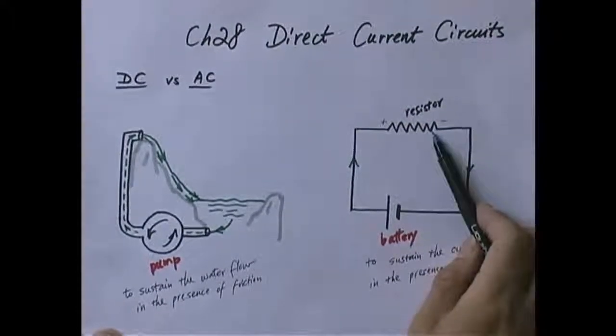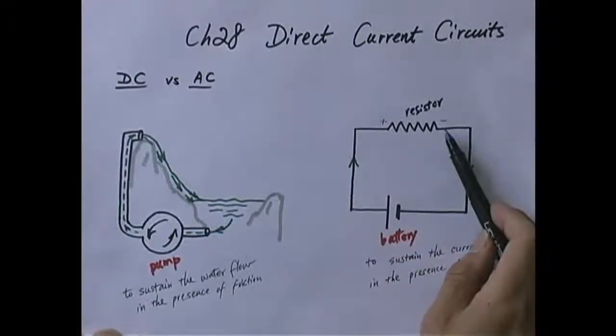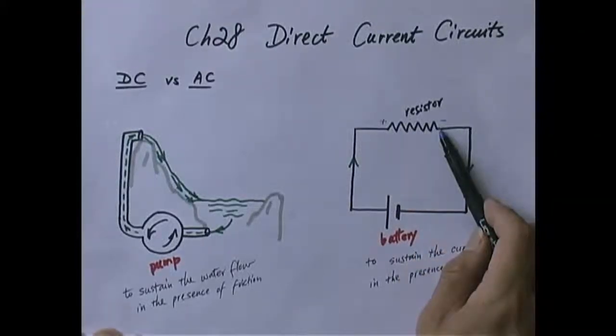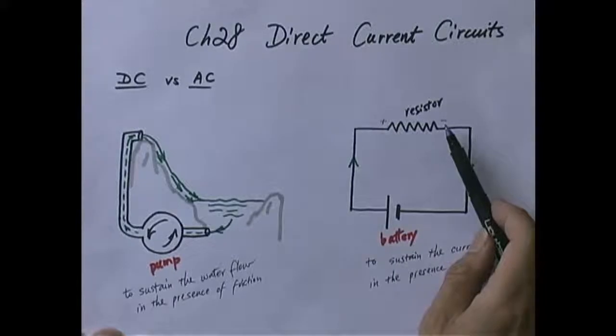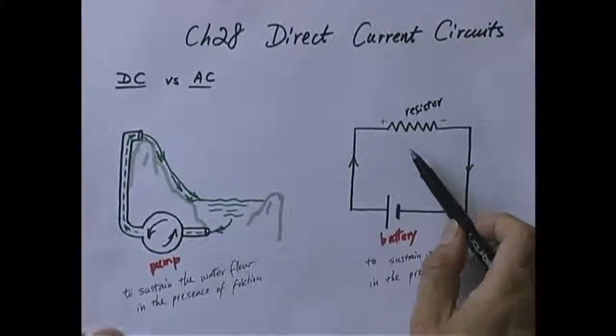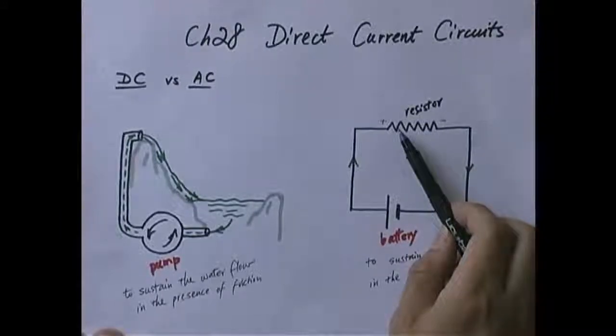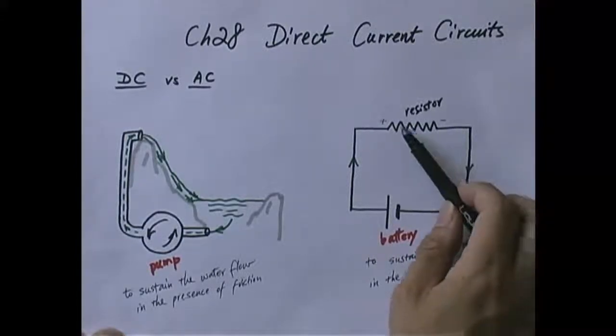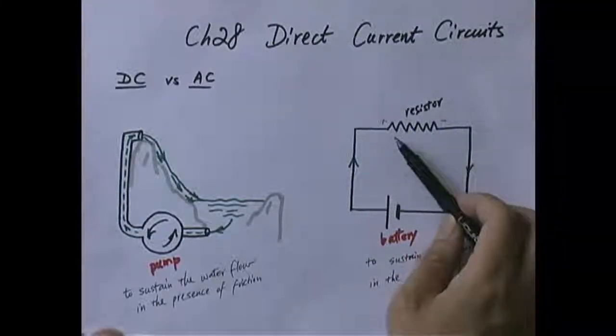It flows through the resistor, and as it flows through the resistor, it loses electrical potential energy, because it went from higher to lower potential. But what happens in return? Well, the electrical potential energy lost is turned into heat as these charge carriers collide with the particles in the resistor.